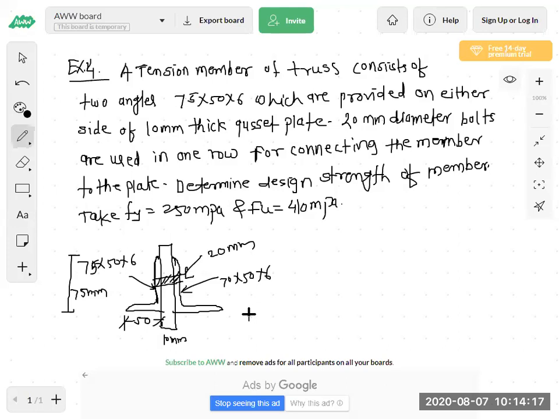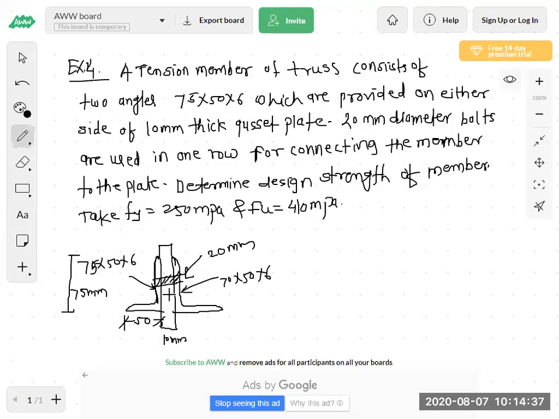In the last two problems, one we have seen on bolted connection and one we have seen the welded connection, problem number 2 and problem number 3, example number 2 and 3. There they have given longer leg is connected to gusset plate, or shorter leg is connected to gusset plate. You can see the last two examples.